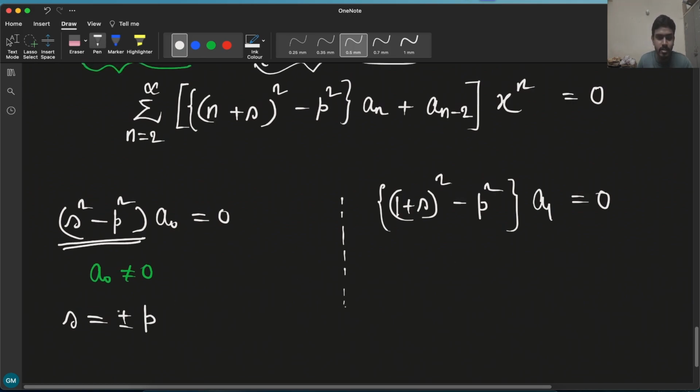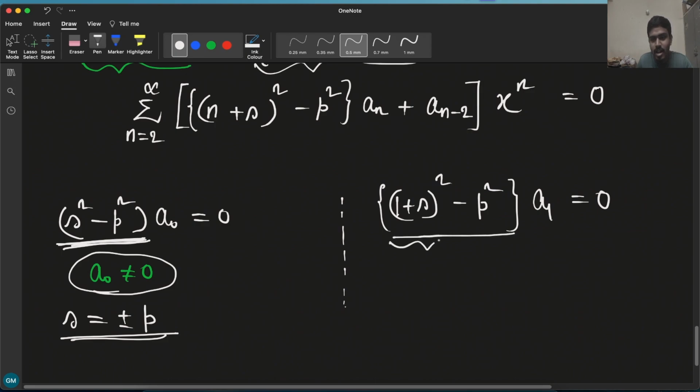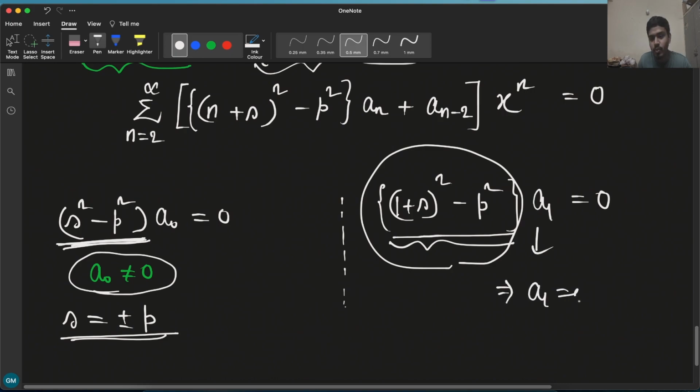And if I put s equals to plus minus p here, in that case this term will not be 0, which makes a1 equals to 0.